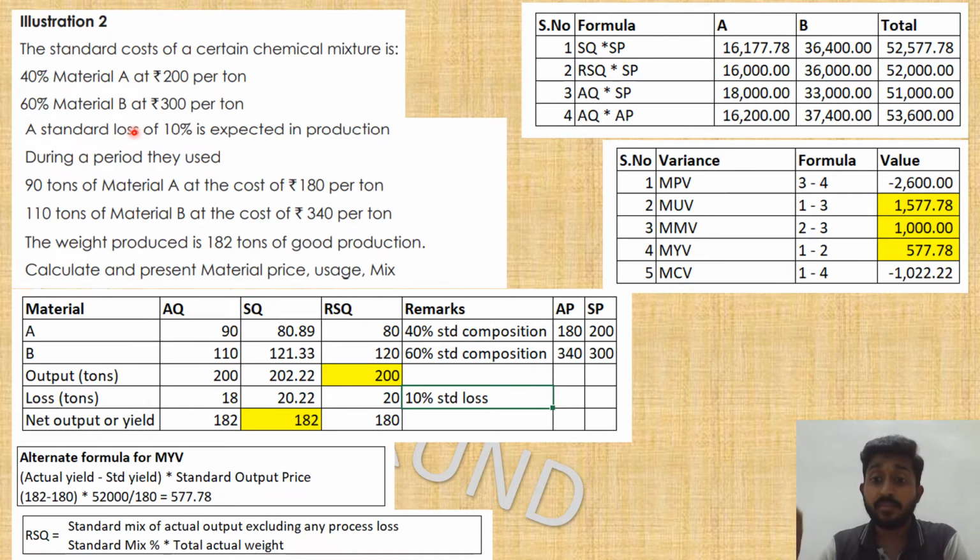But we have to accept that loss, and only after achieving 100 degrees Celsius will the correct chemical come. So any company will have process loss, maybe during the start of the day or during the changeover from one chemical to another. There may be some chemical left in the furnace which will be washed away. So there will be a lot of standard loss that will take place.